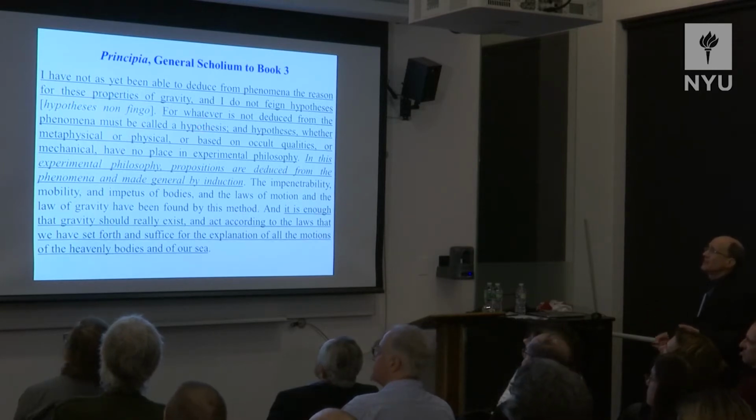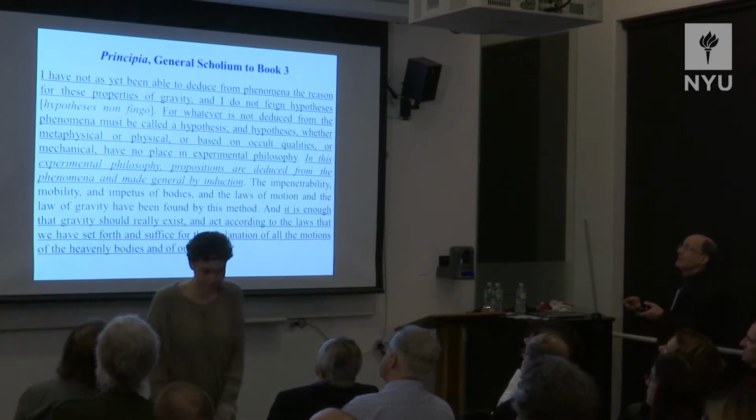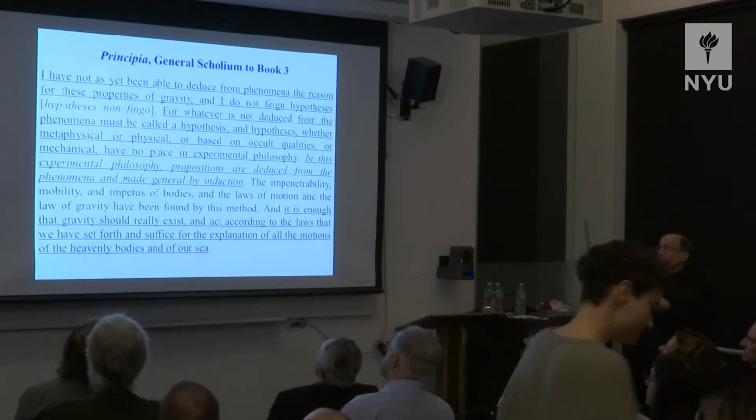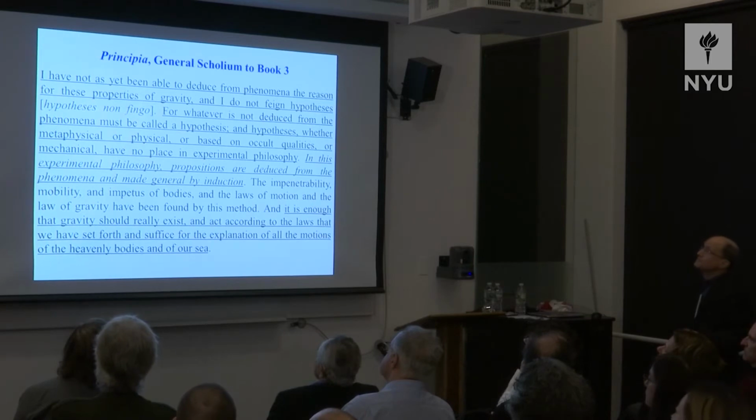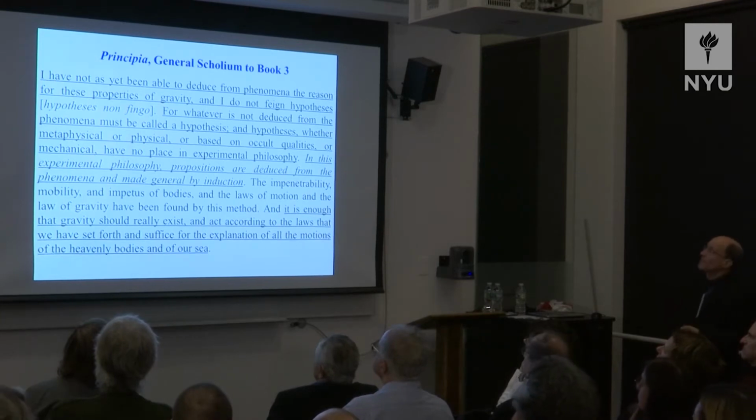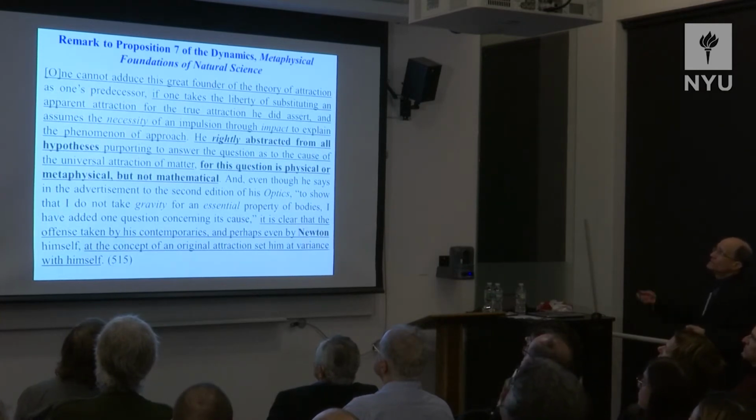And finally, it is enough that gravity really exists, and there are these laws regardless of what is actually causing gravity to do what it does. And he's open to the idea that there is something doing that, but we don't know that yet, so he proceeds this way.